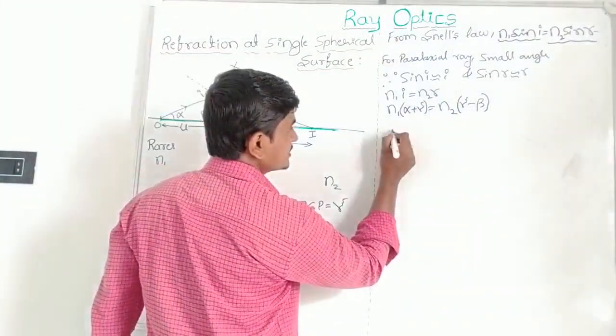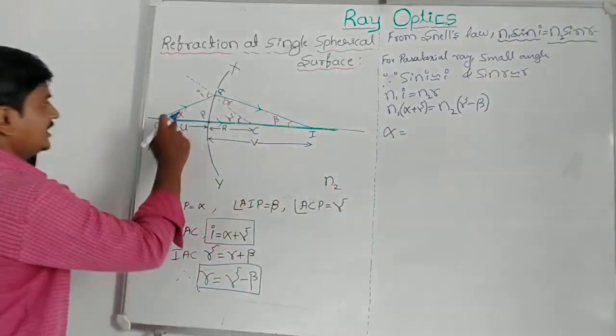Then we find the values of alpha, beta and gamma. In the triangle, see here, this is alpha.